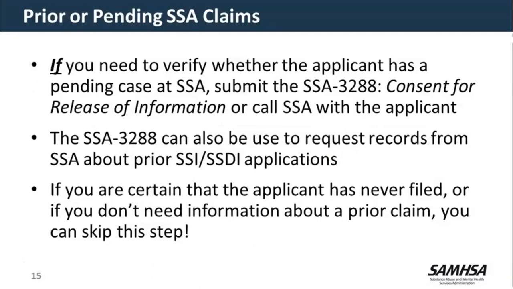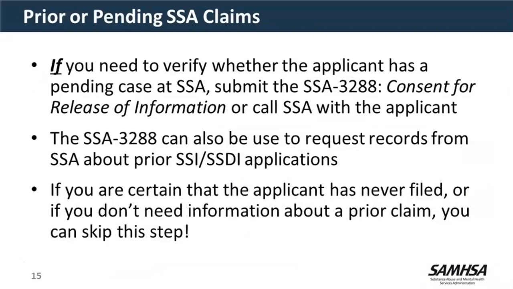Okay, so in order to check, you would want to get a signed 3288 from the client, and you can submit that to your local SSA office, and they can tell you if the person is currently pending a claim or not, if they've filed before or not.